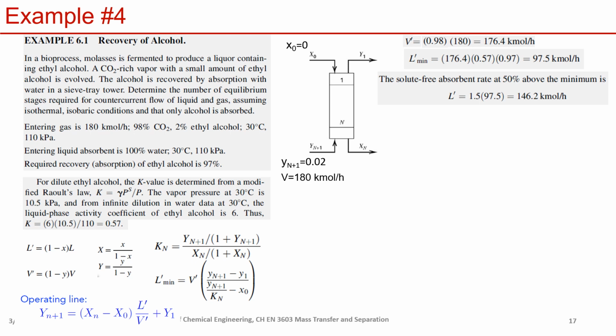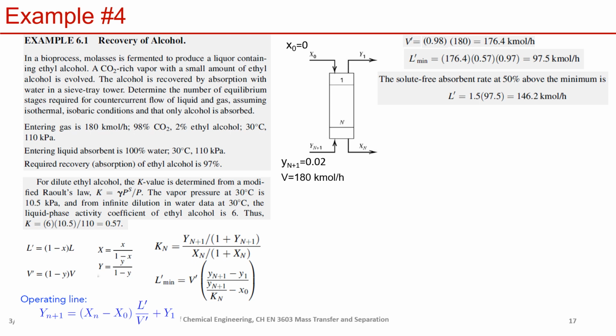Then you get the minimum liquid phase solute-free flow rate, just plugging the numbers here. From this equation, we know V prime. We just need to calculate L prime min, right? And here we know these numbers.